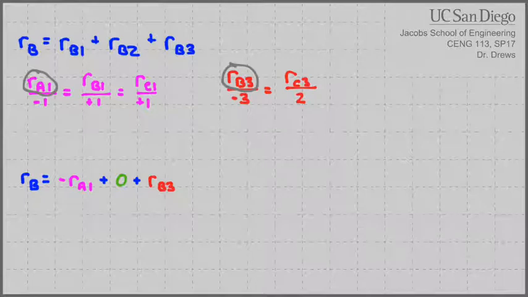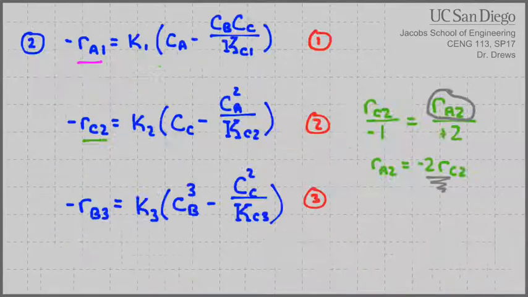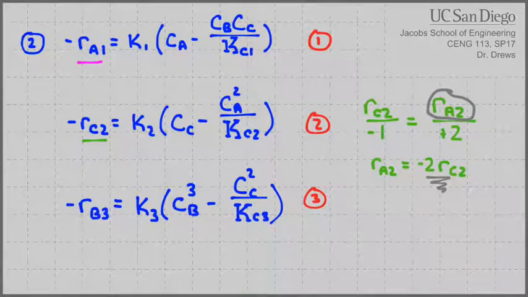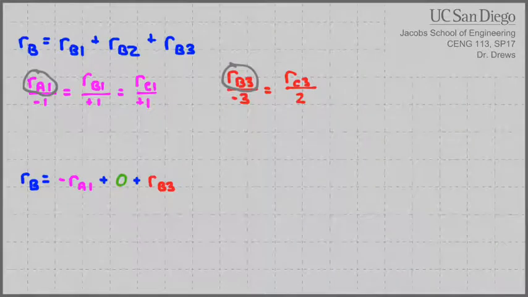So that's the usual step of writing each one of these. If you wanted to go back and write R sub A1, R sub A1 is here, up at the top. We also have R sub B3 down here at the bottom, so you could plug both of those into this expression for R sub A1 here and R sub B3 here.